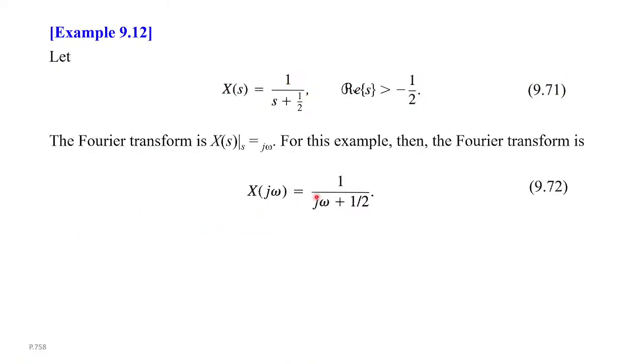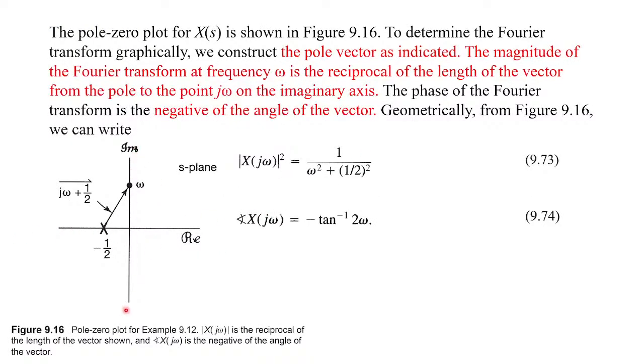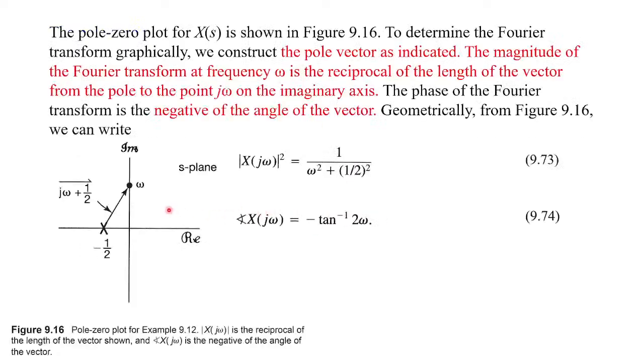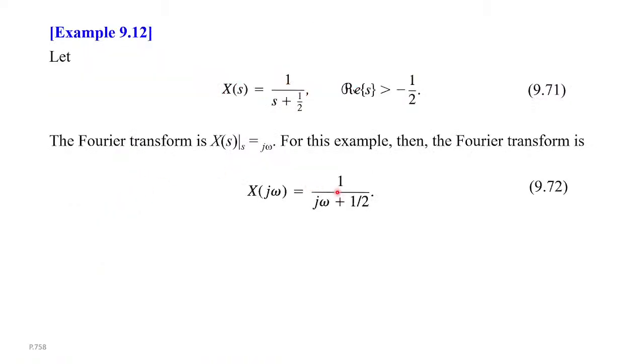Then you can qualitatively see the behavior of the thing by just looking at the complex plane. Right, so you have a pole at negative 1 over 2, and now you have this j omega plus 1 over 2 vector, which is basically this vector. So this vector from minus 1 over 2 to j omega is the denominator of this thing. Okay?